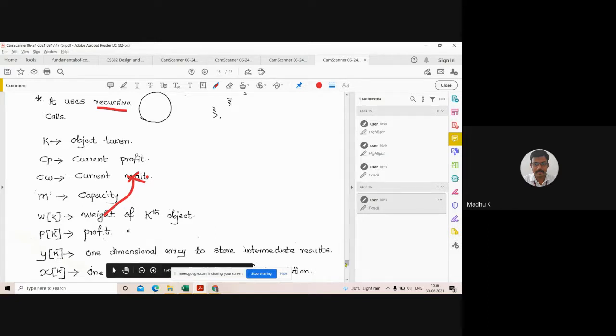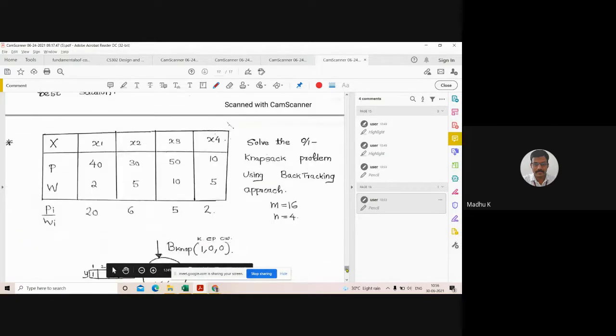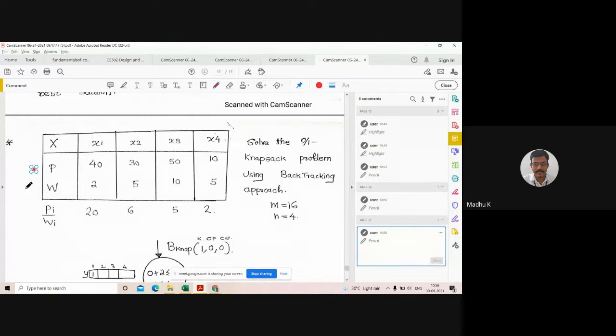There will be n objects, like this 1, 2, 3, 4, and there is a weight and a profit P for each object. We already studied fractional knapsack using the dynamic programming approach.